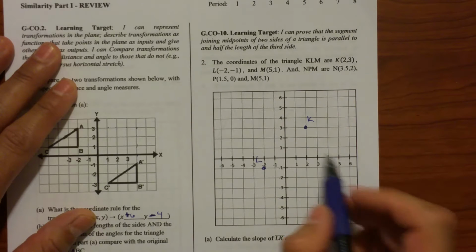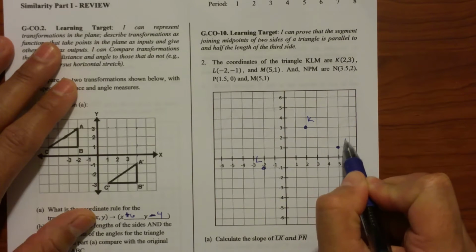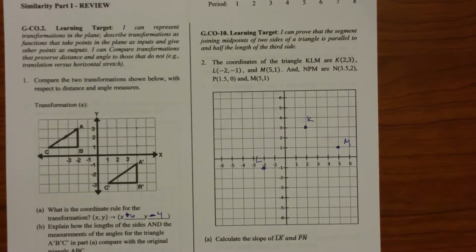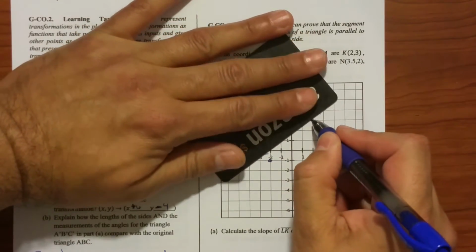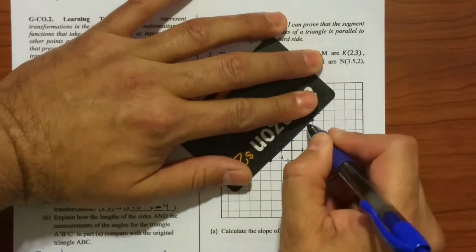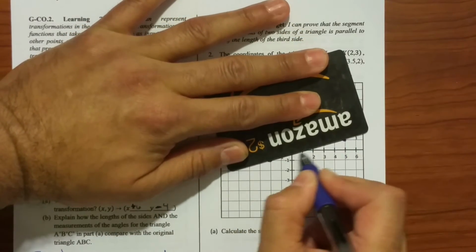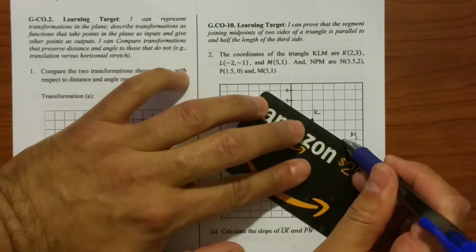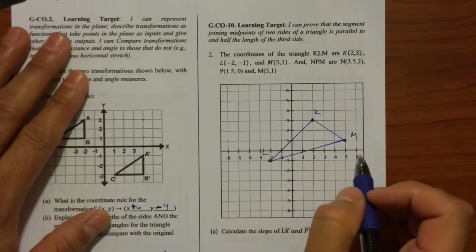And M is 5, 1, and this is M. Okay, so I'm going to trace over this. There we go. So now I have that.